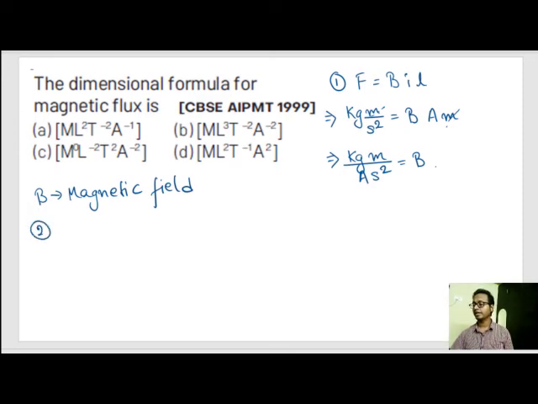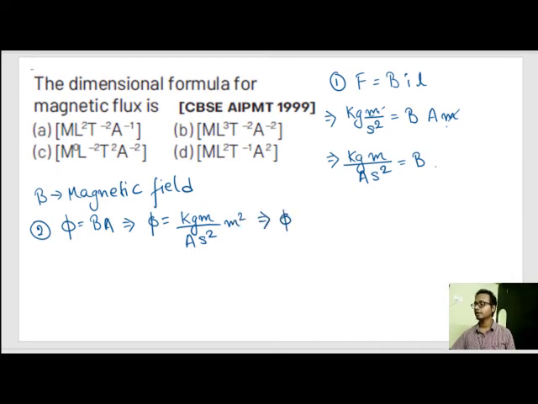And let's find out magnetic flux. Magnetic flux is equal to B into A, or magnetic field into area, or kg meter per ampere second square into A, where area is meter square.